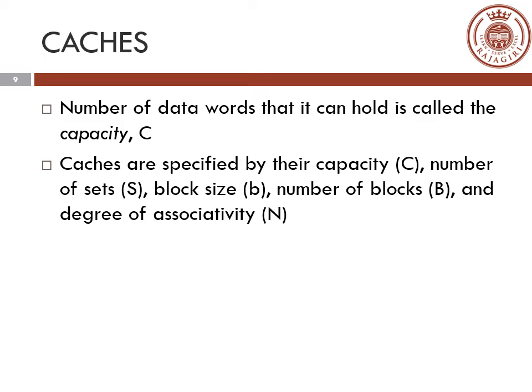Now we will see a few terms associated with caches. The number of data words that can be held by the cache is known as the capacity, C. A cache memory is specified by its capacity, and inside the cache the data is arranged into different sets.